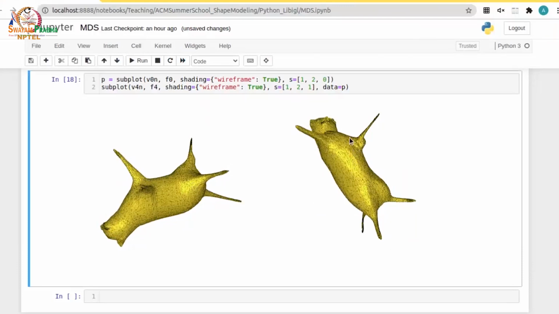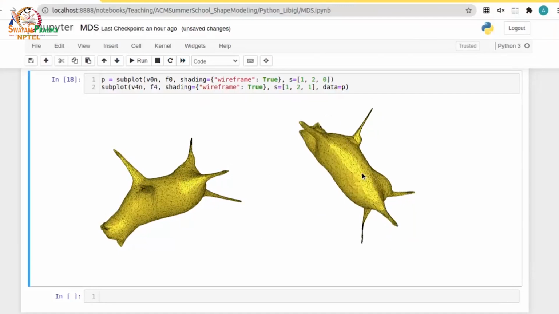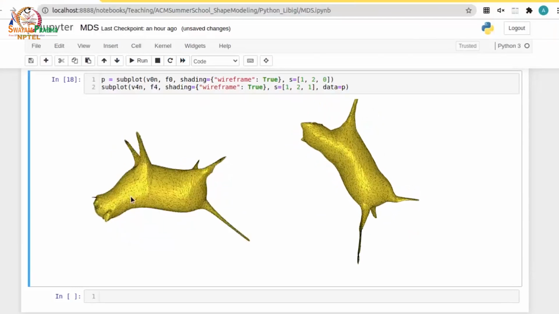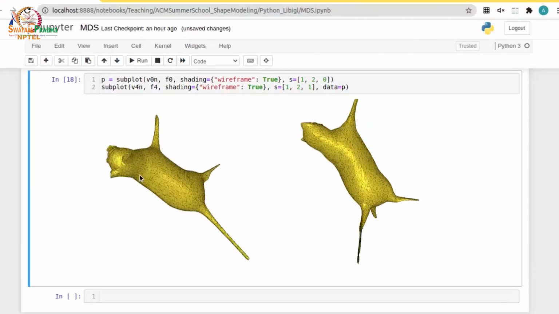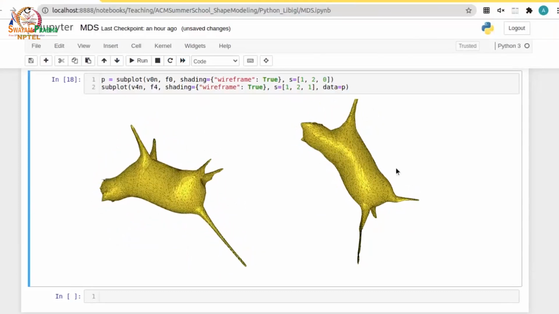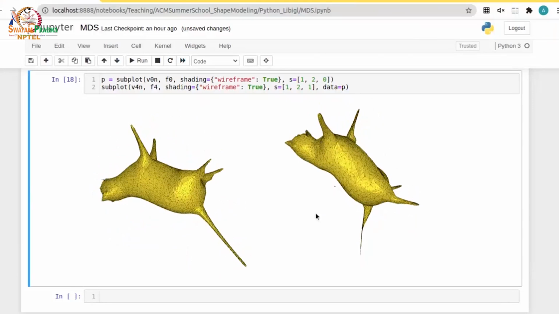Because there was some stretching. I said let's ignore it, but of course it's there. So basically, then do a rigid alignment. Right, so this is what I had to demonstrate.